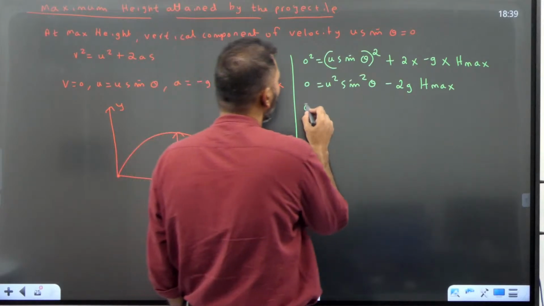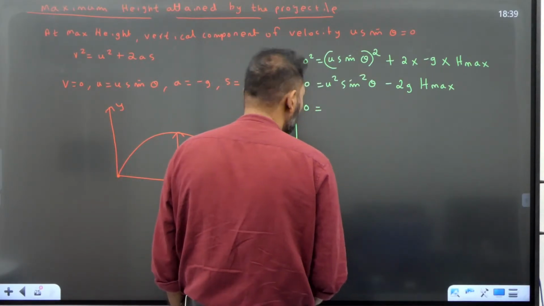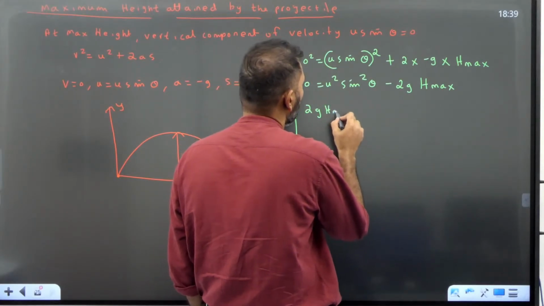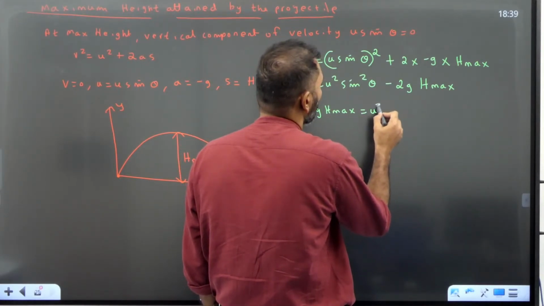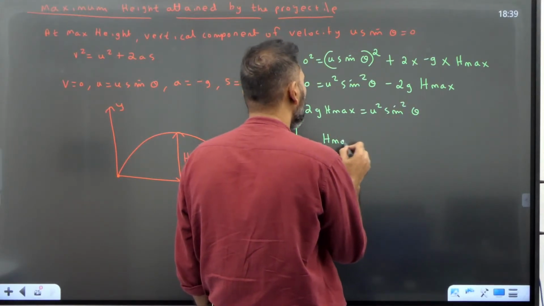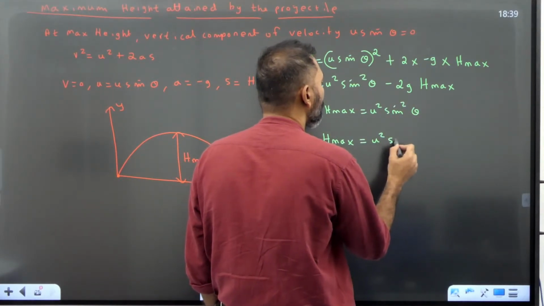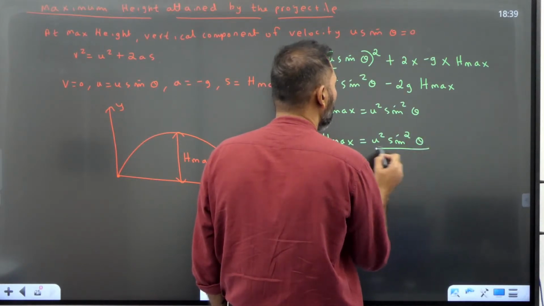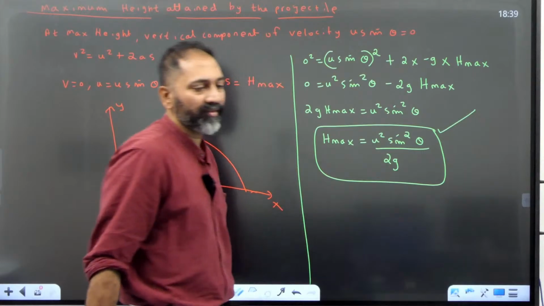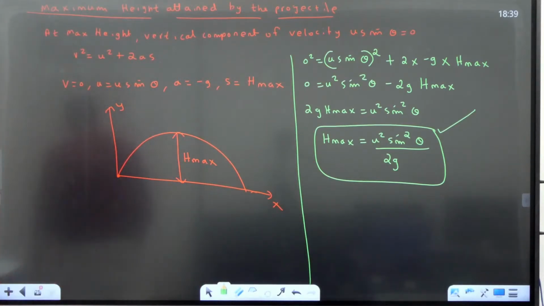I'm moving 2g h max this side. 2g h max is equal to u square sin square theta. So h max is equal to u square sin square theta divided by 2g. This is the equation for maximum height: u square sin square theta by 2g.